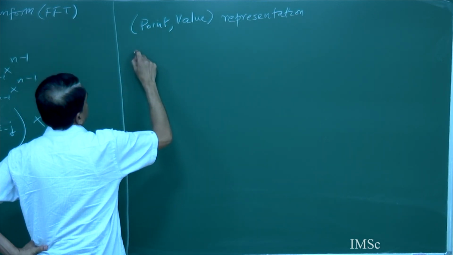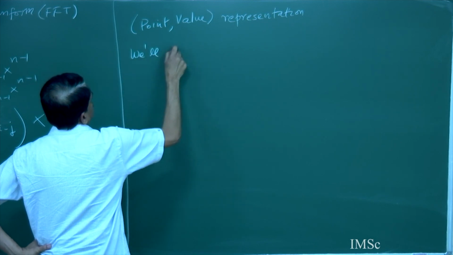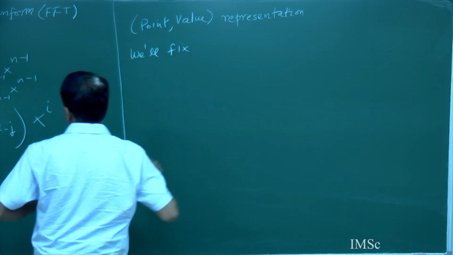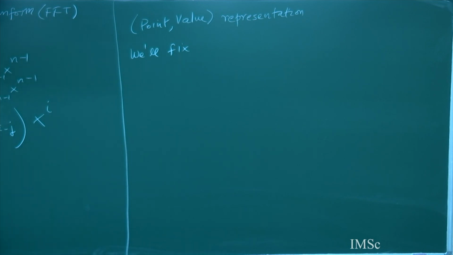So we'll fix some. Basically, these polynomials are uniquely determined if you know their values on n different points, right?